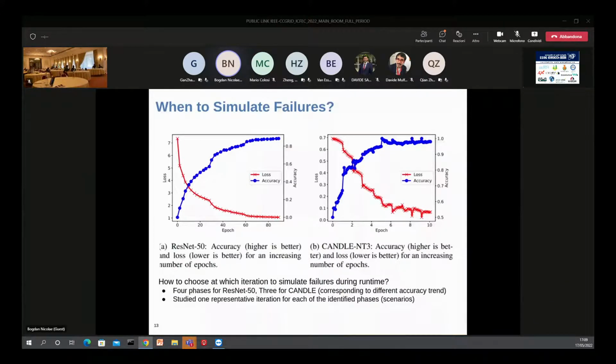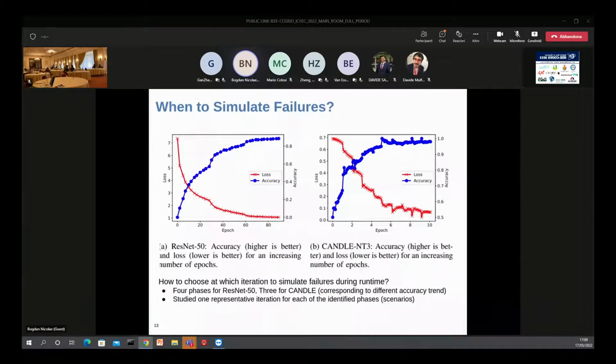At the beginning, for example, the accuracy grows very fast, and then towards the end of the training, the accuracy flattens out. So we chose 4 representative iterations for ResNet-50 and 3 for Candle. This is what we will call scenarios for the rest of this talk.